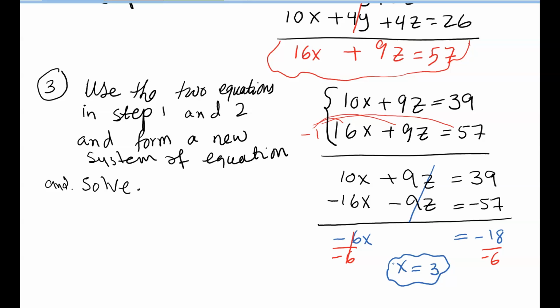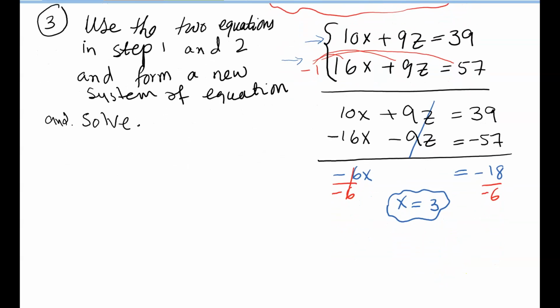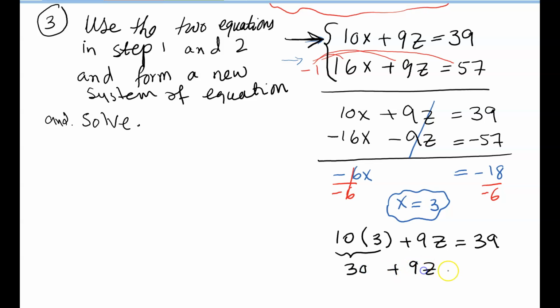So we found x equal to 3, exactly like how you were solving two equations, two unknowns. You can put x back into one of the two equations here and find z. So I'm going to use the first equation. 10x, instead of x I'm going to put 3, plus 9z, equal to 39. So that's 30 plus 9z is equal to 39.